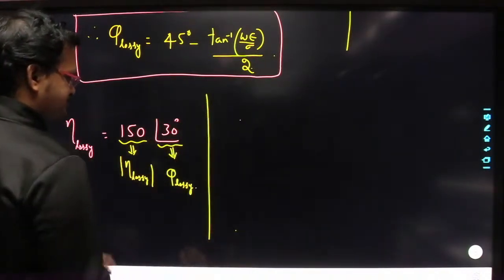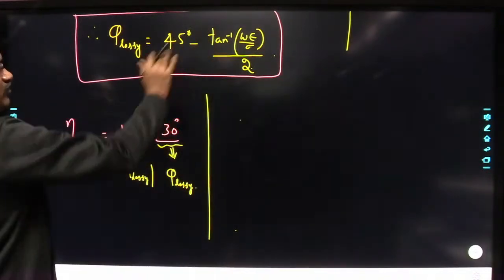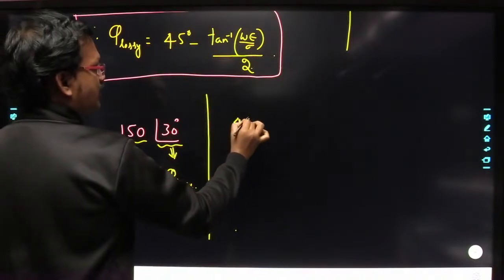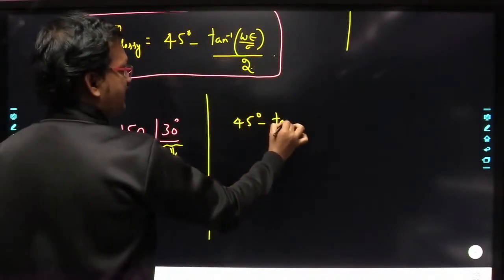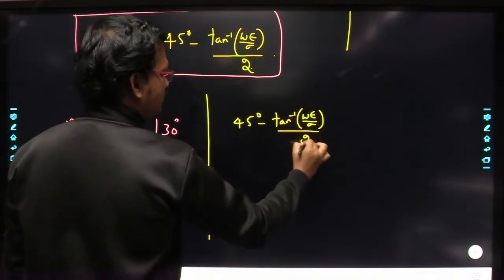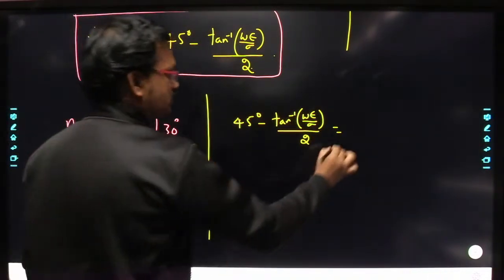So from here, if you compare phi lossy, you are going to get 45 degrees minus tan inverse of omega epsilon by sigma, divided by 2, is equal to 30 degrees.